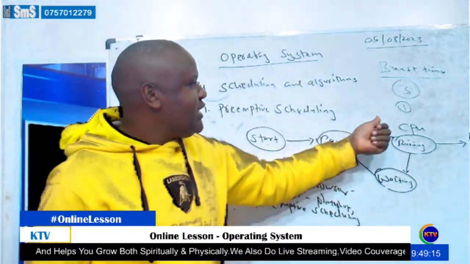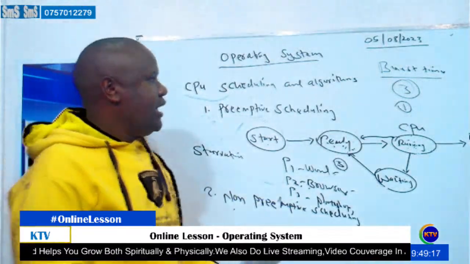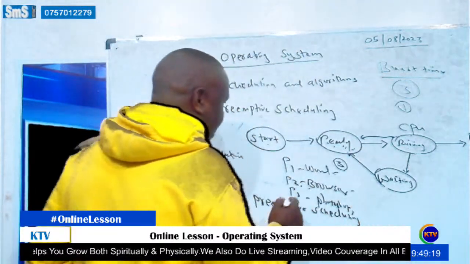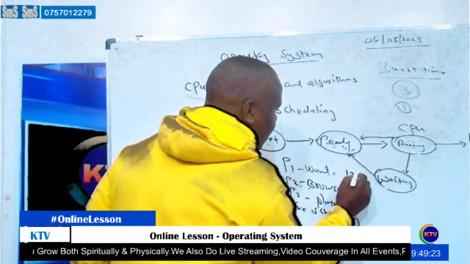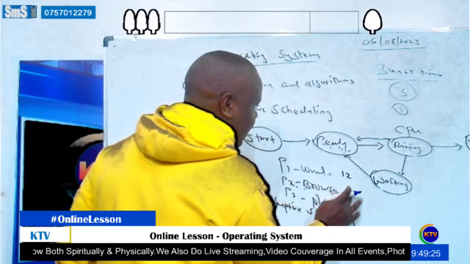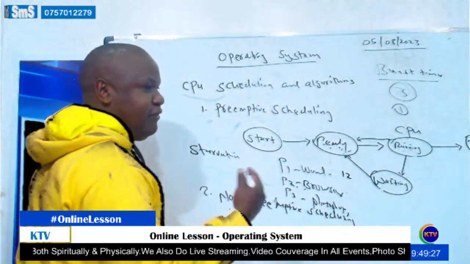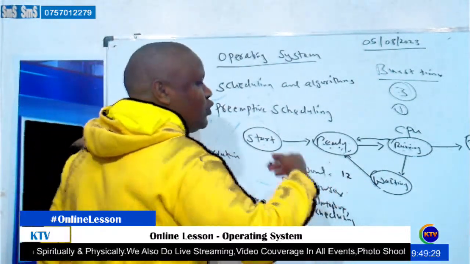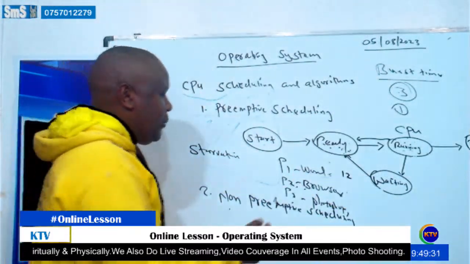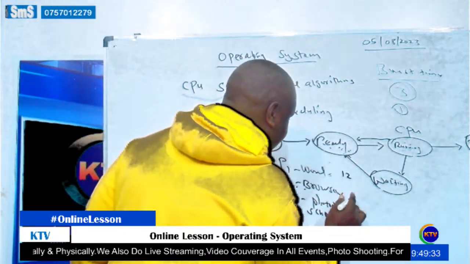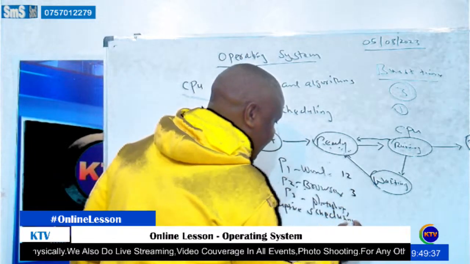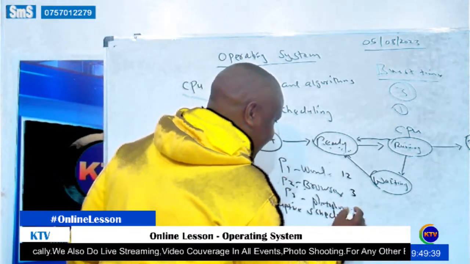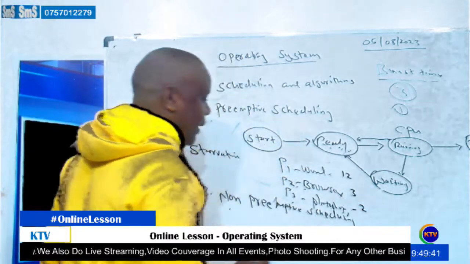Assuming process 1 here has 12 milliseconds, that is the pass time. It arrived earlier, but it is supposed to take longer to complete. Process 2, let's say, has 3, and process 3 has 2 pass time.